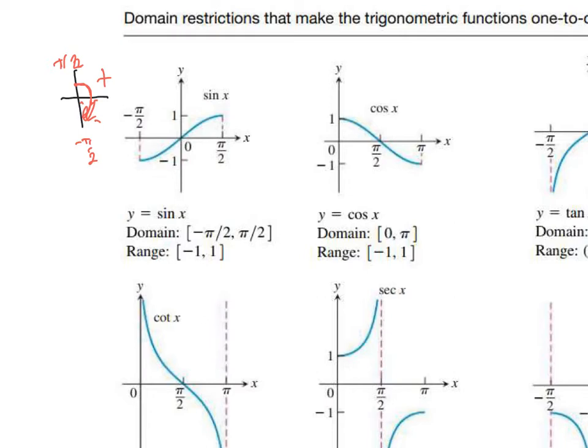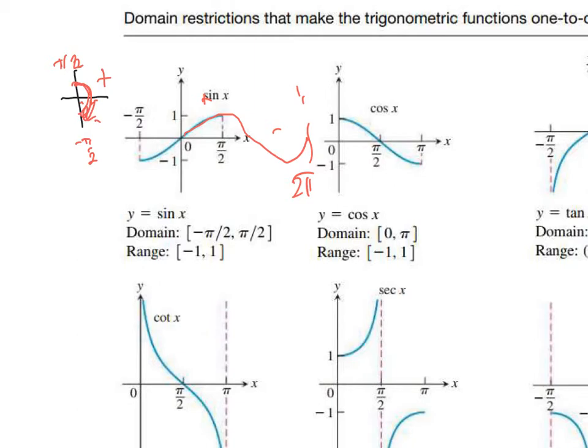Normally we think of sine going up, going down, and coming back up, between 0 and 2 pi, but that's not the primary domain. It goes from negative pi over 2 to pi over 2.